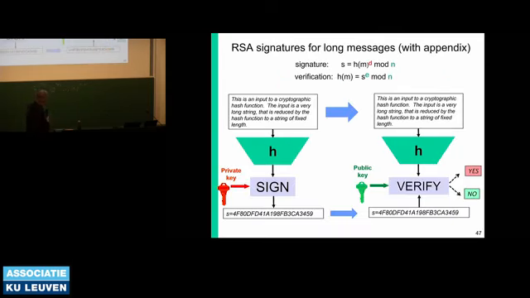We're not done yet because, of course, if you think about this, we just looked at hash functions, and they have a 256-bit result or 512-bit result. Now, your Belgian EID card has an RSA modulus of 2048 bits. I still have to tell you how to map these 256 bits to 2048 bits.